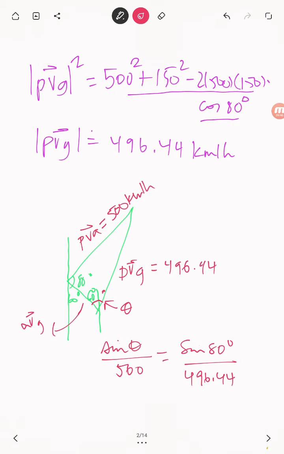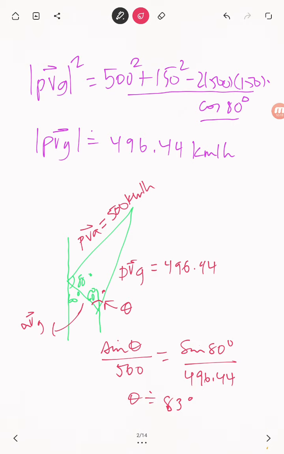All right, so do your calculations and solve for theta there. Comes out to approximately 83 degrees. Okay, so that entire angle, theta, is 83 degrees.